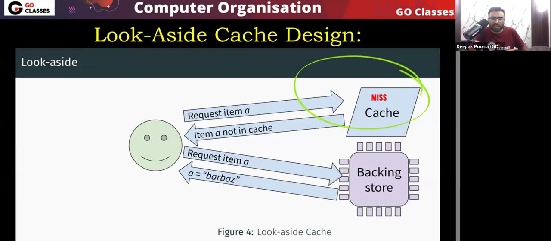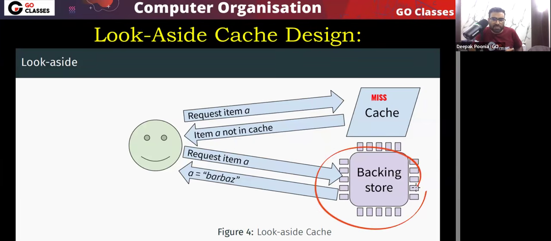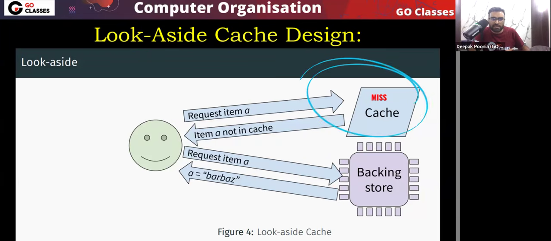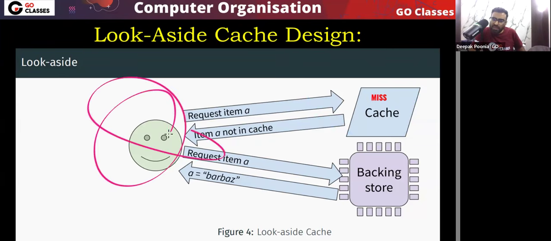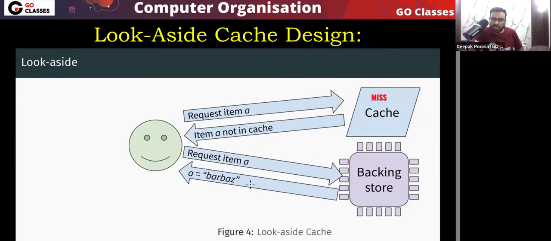So if the hit rate of cache memory is, let's assume, 90%, then in the look through cache design, only 10% of the time we were accessing main memory. But in the look aside cache design, even if we have a 90% hit rate of cache memory, for every memory request we are accessing the main memory. So there is a lot of memory traffic, I can say.